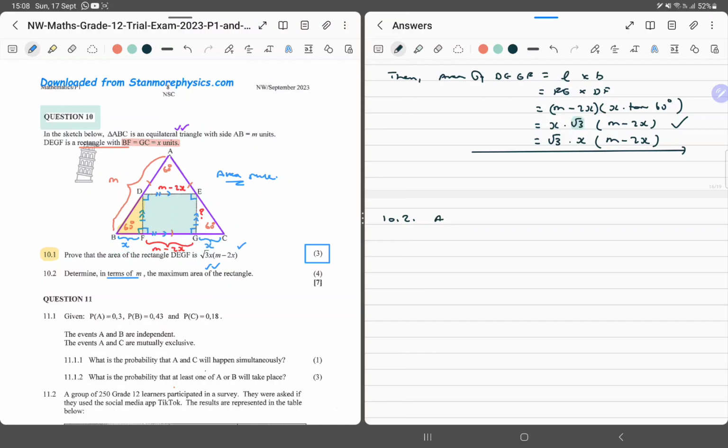So we can say area of triangle ABC is going to be half AB times BC times sine of B, isn't it? That is the area rule. Then let's see, this is going to be half of AB, it's M, BC, it's M because it's an equilateral triangle, times sine of 60 degrees.